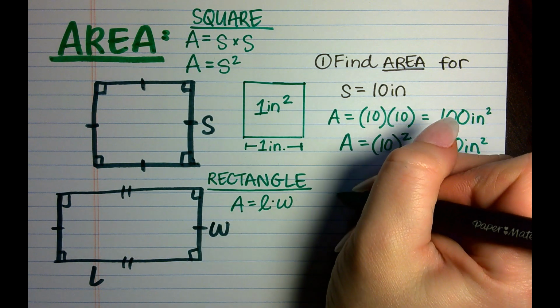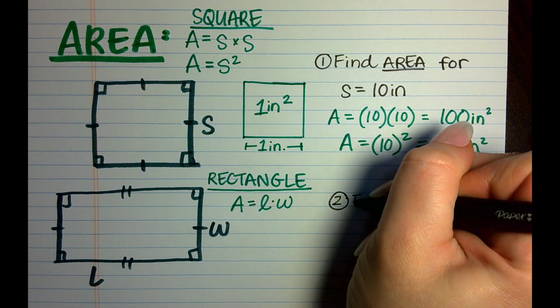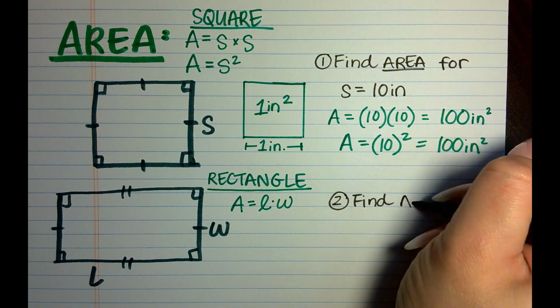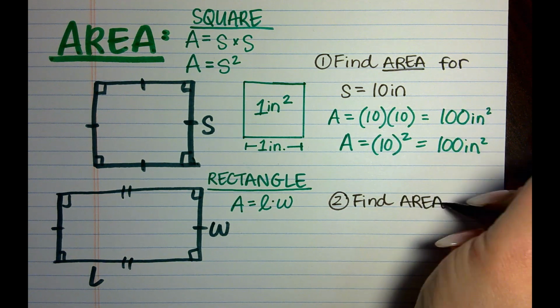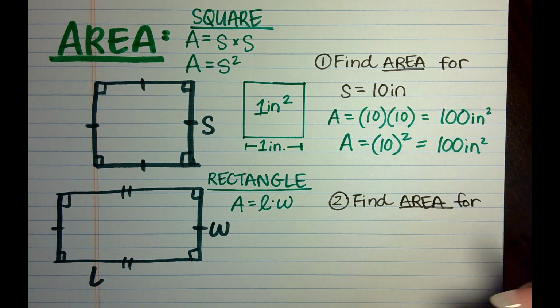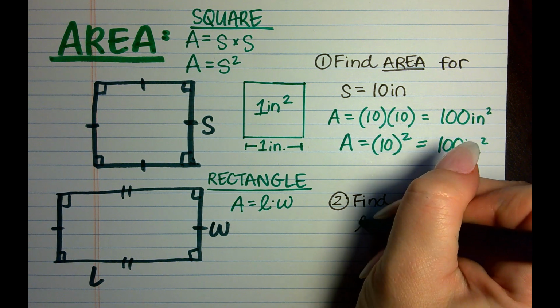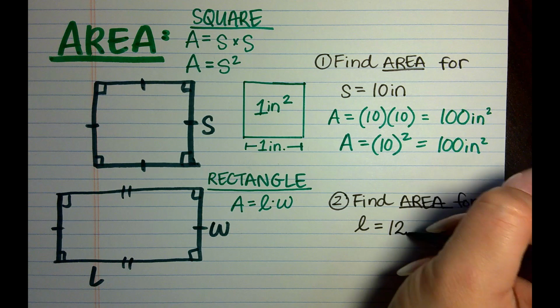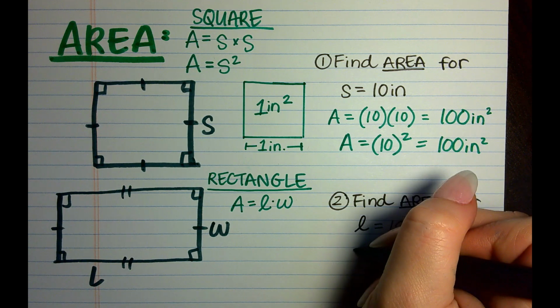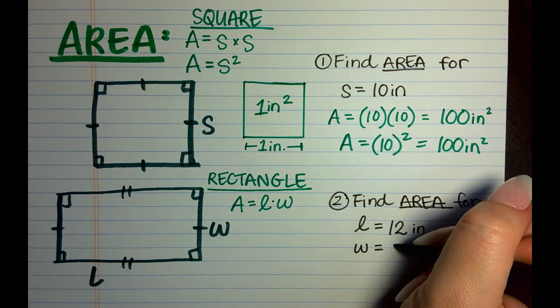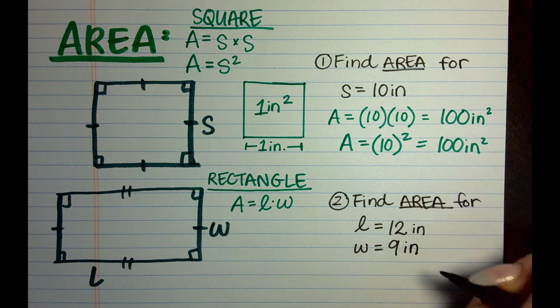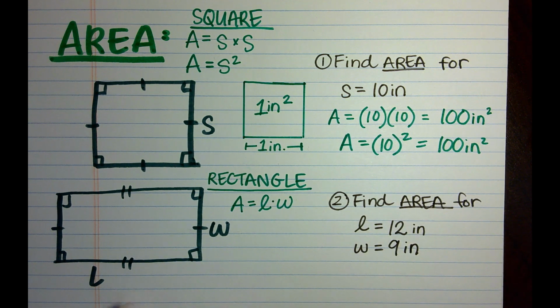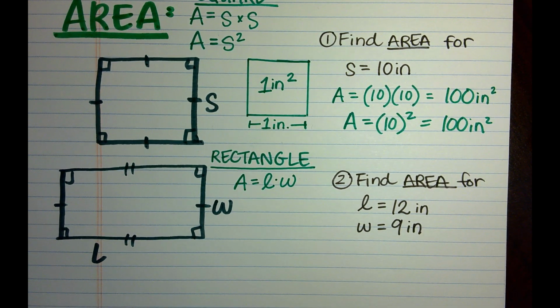So find area for length equals 12 inches and width equals 9 inches. Be consistent with this. It's confusing.